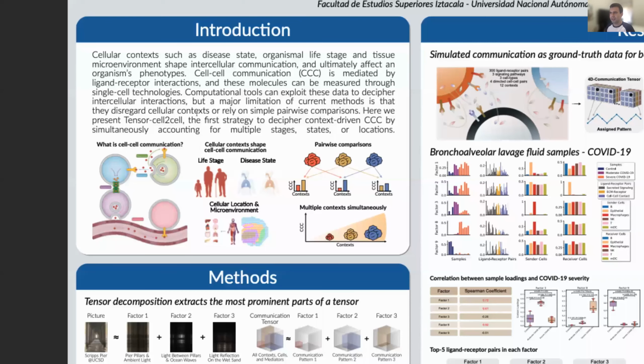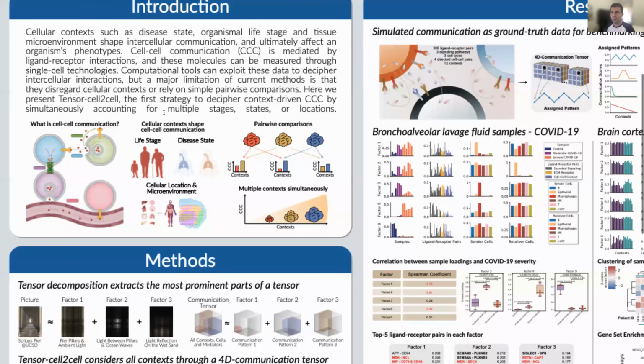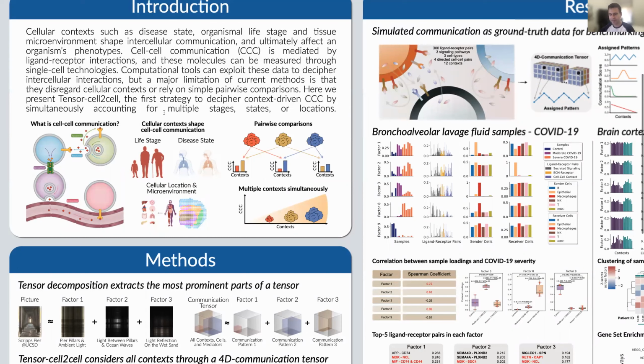So cell-cell interactions and communications are usually shaped by the cellular context where they are happening. This context could be, for example, different diseases that an organism could have, different life stages where the organism is at the moment, even the different tissue microenvironments where the cells are located.